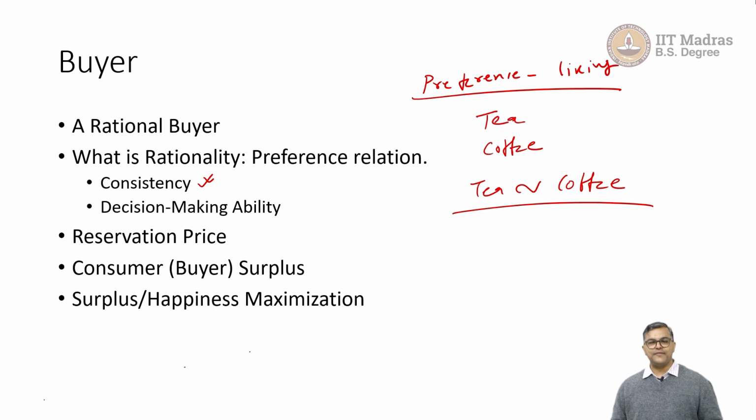Now, think of a situation where we assume a person is rational and he has done something which you have difficulty accepting, that why would a rational person do so. Then perhaps you would think about what the environment was, what the conditions were, what the circumstances were that he exhibited this kind of behavior. So, assuming that a buyer is rational is better than assuming that a buyer is not rational.